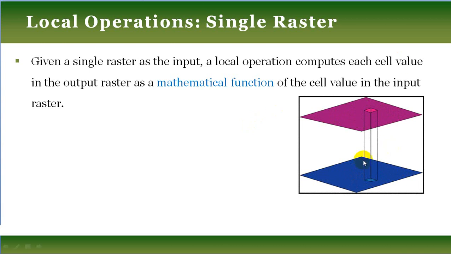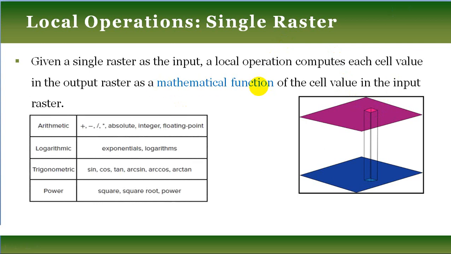For example, as per this figure, this is one input raster, and when you perform a local operation it creates a new output raster. In this output raster, the pixel value is calculated based on the input raster's cell value, by performing some mathematical operation. That is the main point: the mathematical function.